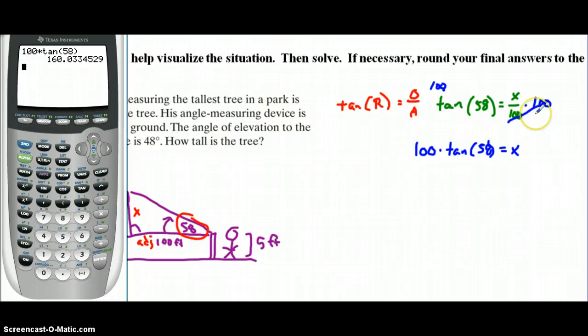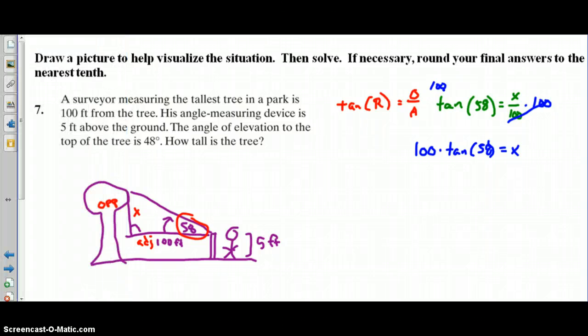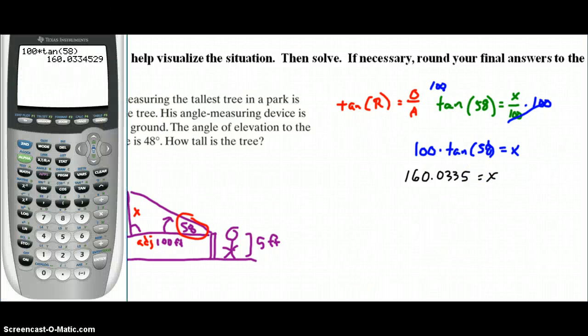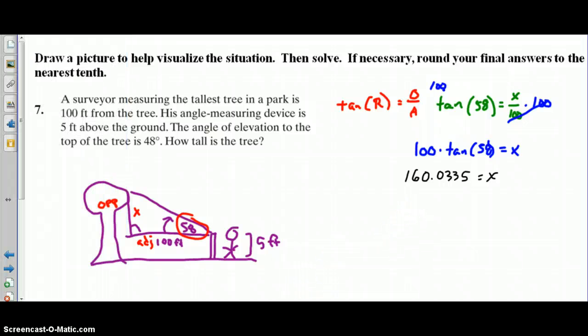And so if we write that down in our notes, we have x was equal to 160.0335. Let's just double check that once. 160.0335. Okay. So now that is the length of the opposite side in our triangle.